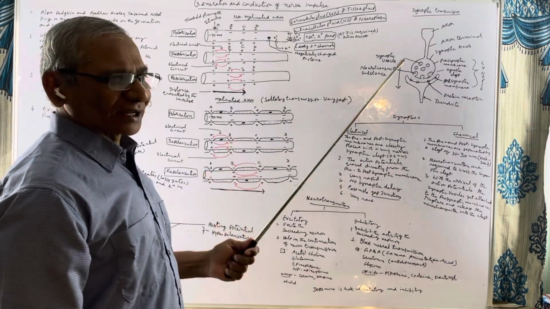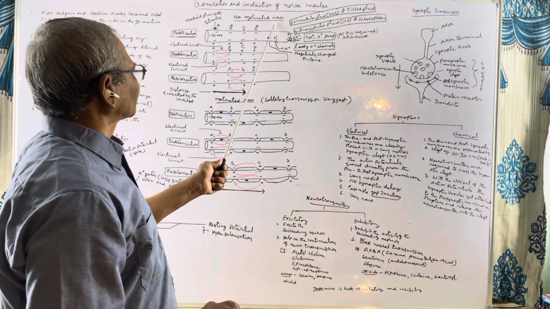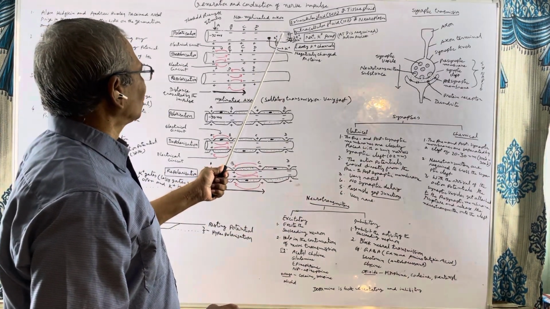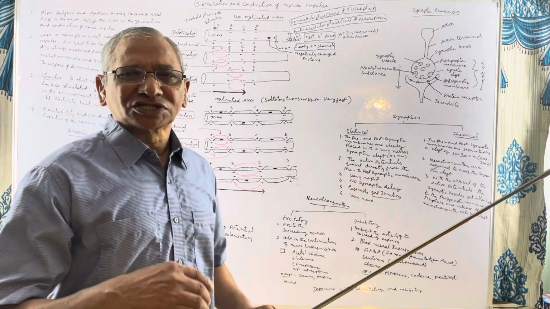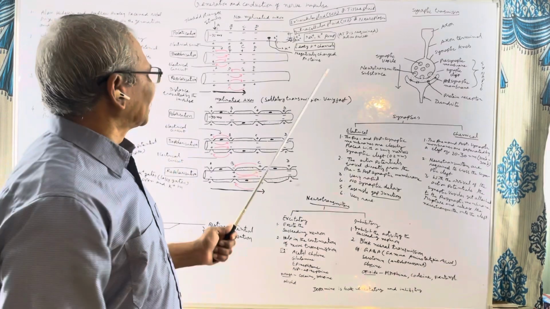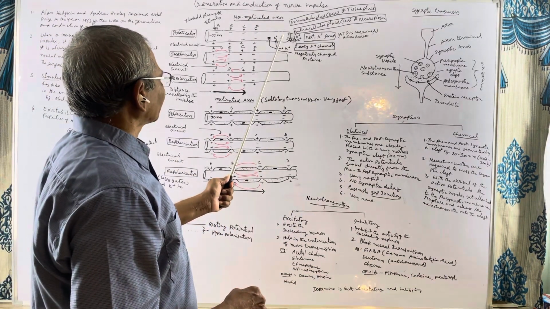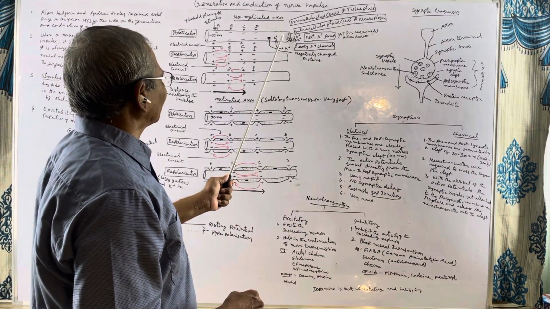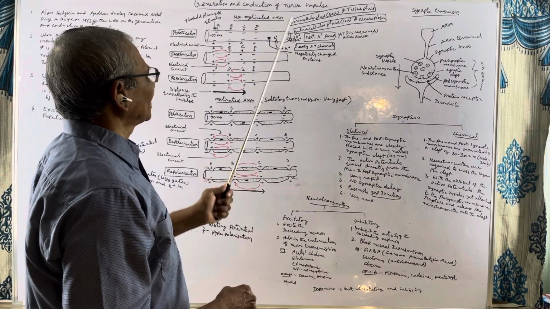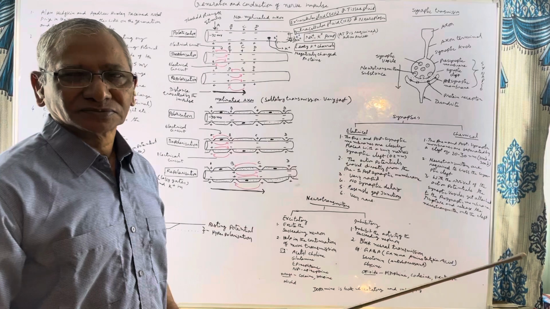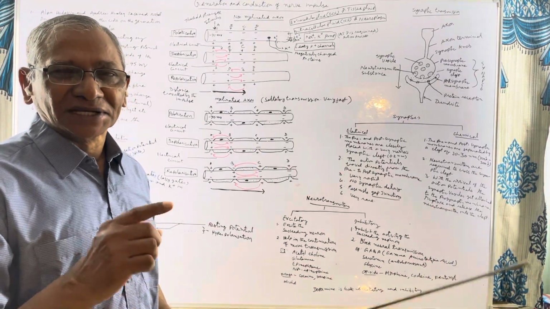The sodium ion concentration is very high in extracellular fluid, but very low in the intracellular fluid. Just opposing this, the potassium ion concentration is very high inside the neuron, but low in the extracellular fluid. That is one main difference.